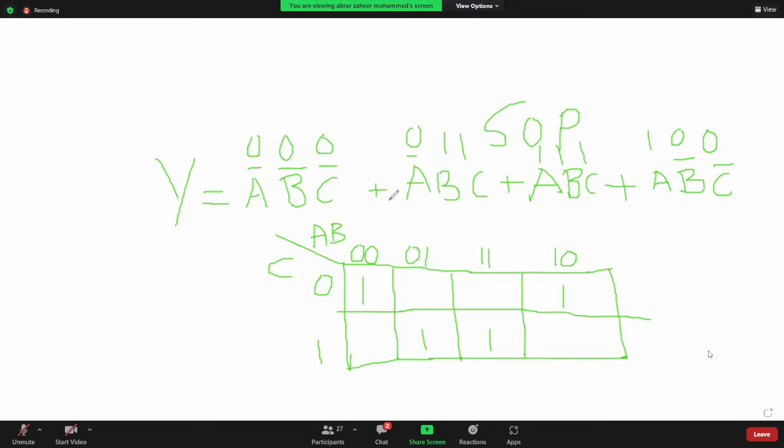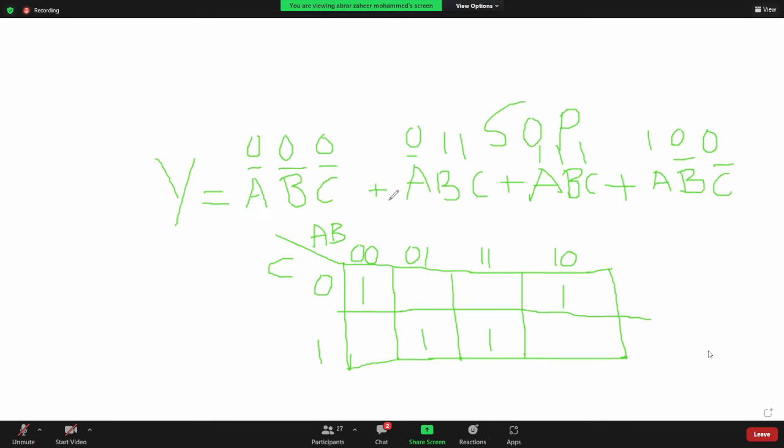A group may not contain 0. We can make a group of only 1, or a group of 2 ones, which is known as a double. A group of 4 ones is known as a quad, and a group of 8 ones is known as an octet.